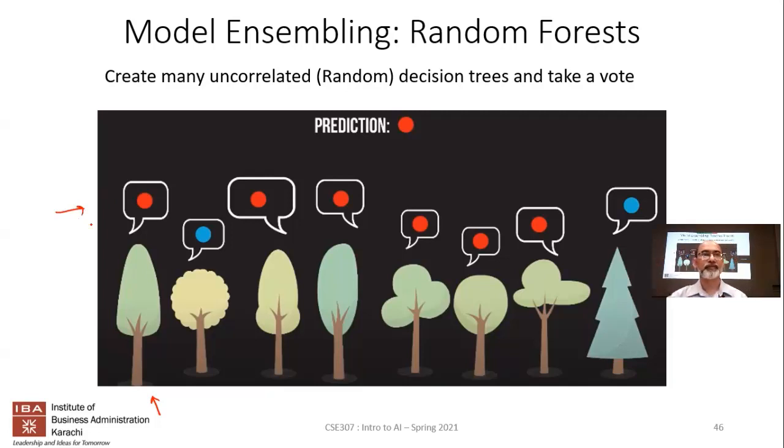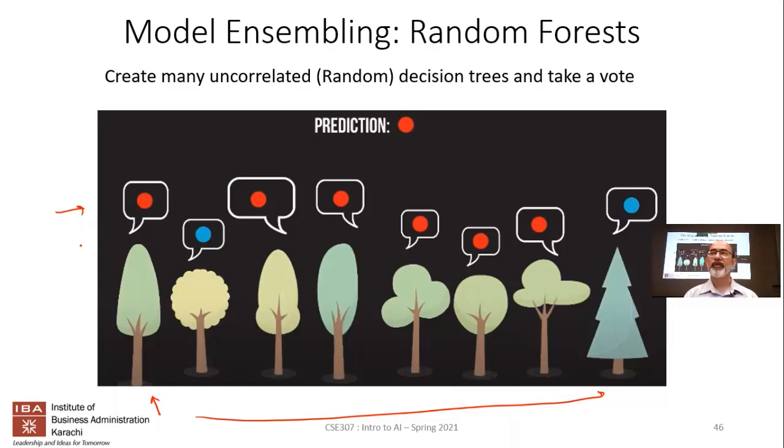So you come up with a new scenario, a new patient. You've now created hundreds of trees based on hundreds of subsets of the original data, but each one of them being randomly selected. So now they're not correlated.